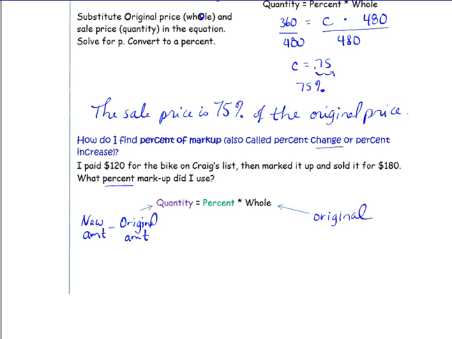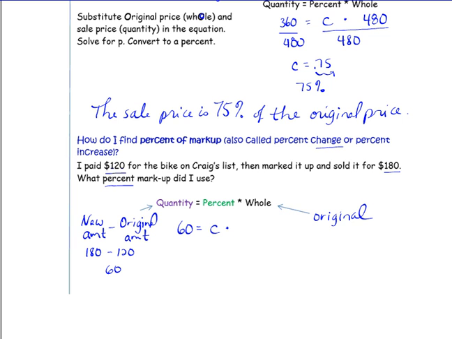So our new amount, let's see, we have $120 that it was before and the $180 that it is now. So the new amount is $180. The original amount is $120. So the difference is $60. So our quantity is 60. Our percent is what we're looking for.